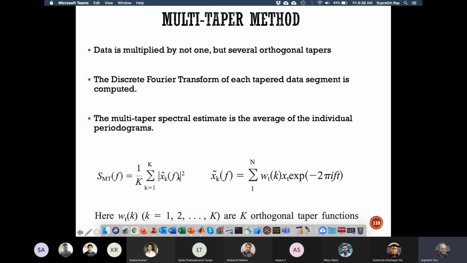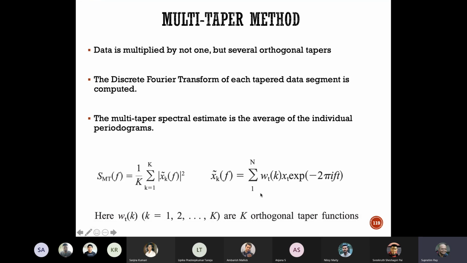Here k is the taper number. I've got k tapers. So I compute the Fourier transform of each tapered signal, here given like this. It's basically a window function multiplied with the signal, and I compute its discrete Fourier transform. I square it and take the average, where w_k are the k orthogonal taper functions.